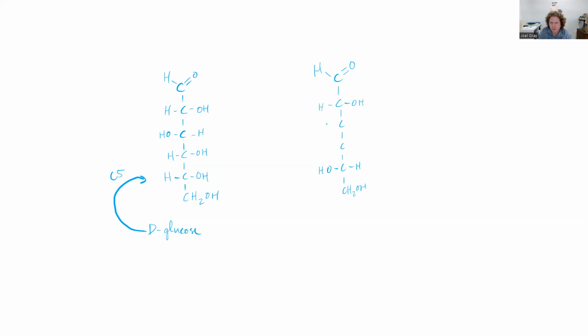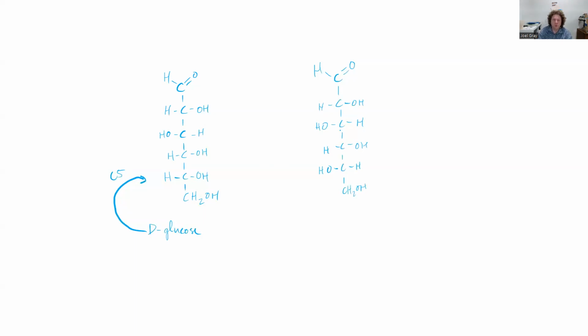OH, OH, H, OH, and H. What's worth noting about these two is that carbon number five, the hydroxide group is on the left-hand side as opposed to the right-hand side.